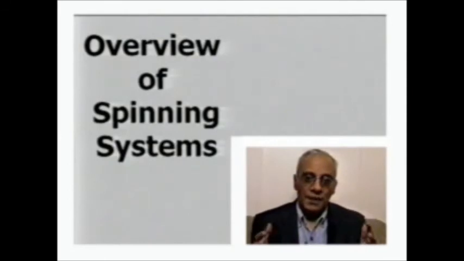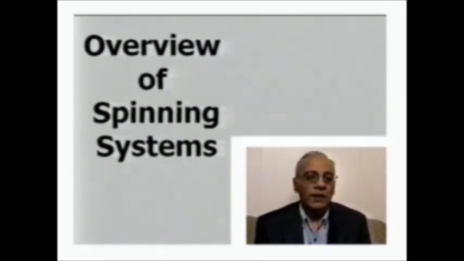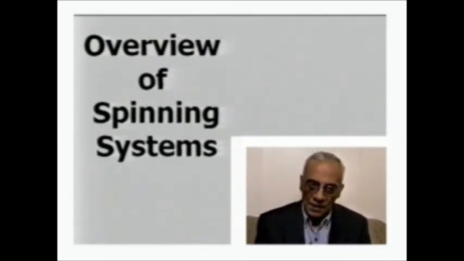This session is about an overview of spinning or spinning systems. In this session, we will touch upon some of the common spinning systems that are used for spun yarn, stable fiber yarn, as well as for synthetic or continuous filament yarns.